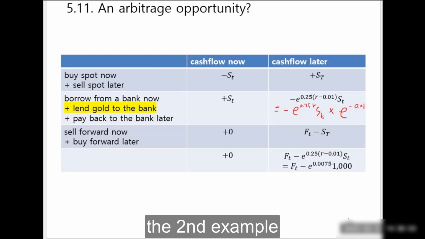But since everything is expressed as the ratio relative to the current spot price, we are just multiplying this number to make an adjustment. And later, this part is still here, and we are adjusting this part. Instead of R, we are using R minus something.